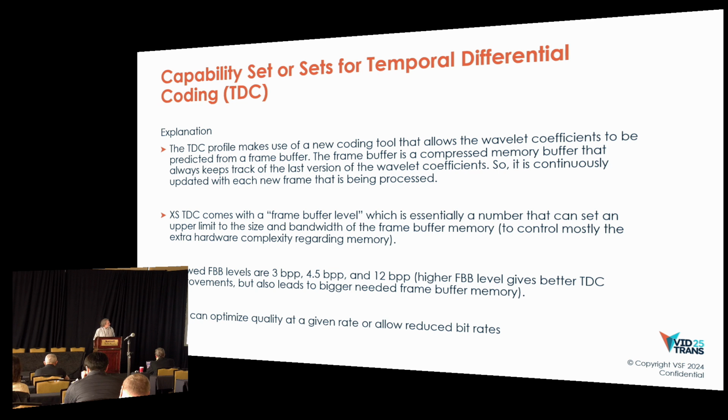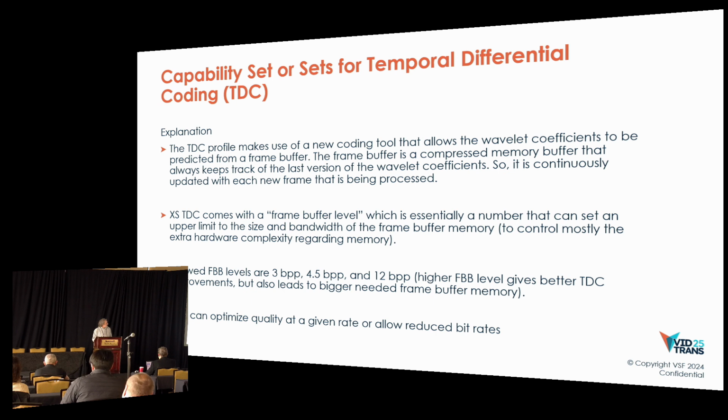The frame buffer is a compressed memory buffer that always keeps track of the last version of the wavelet coefficients. So it's continuously updated with each new frame. So obviously you're going to use more memory when you do this, but it is a mechanism that can optimize quality at a given rate or allow reduced bit rates. So it's an improvement in JPEG-XS.